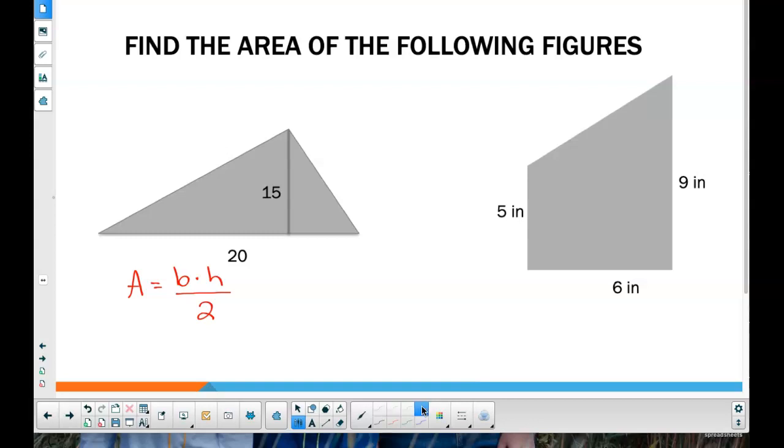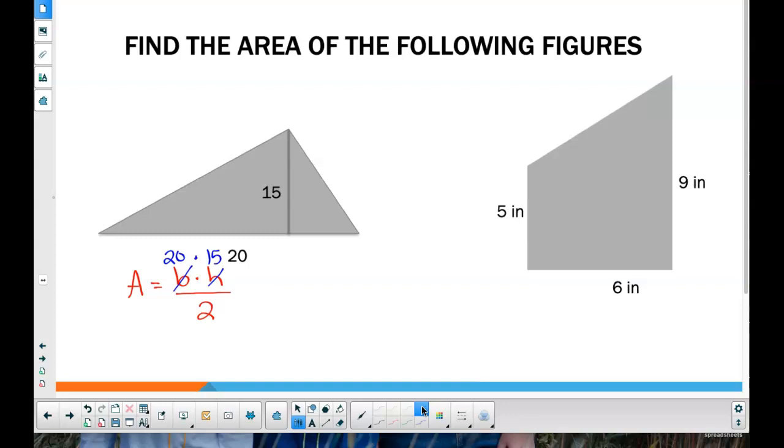Now I'm going to replace the B. What should I replace the B with? Caleb, 20. The base is 20. What should I replace the H with? Cassidy, 15. Okay, then we can use our calculator.